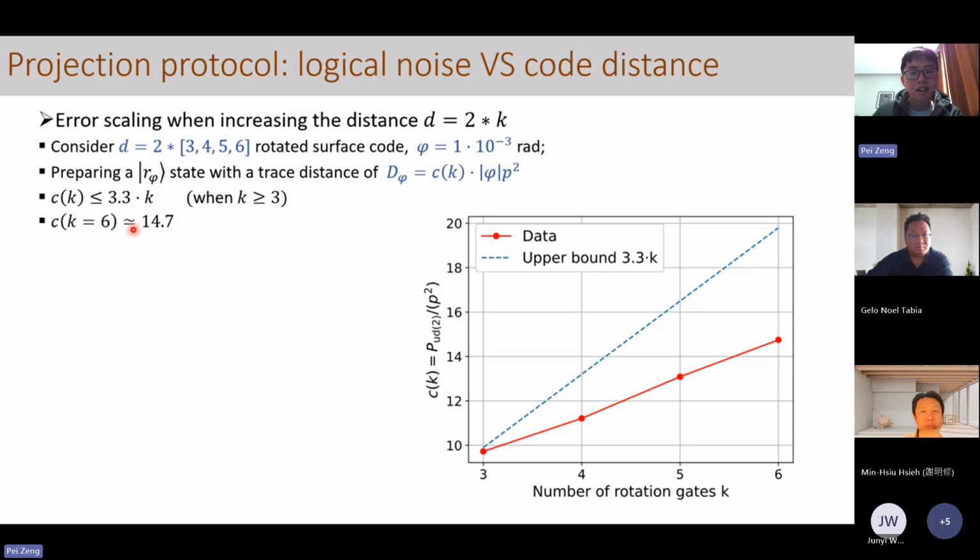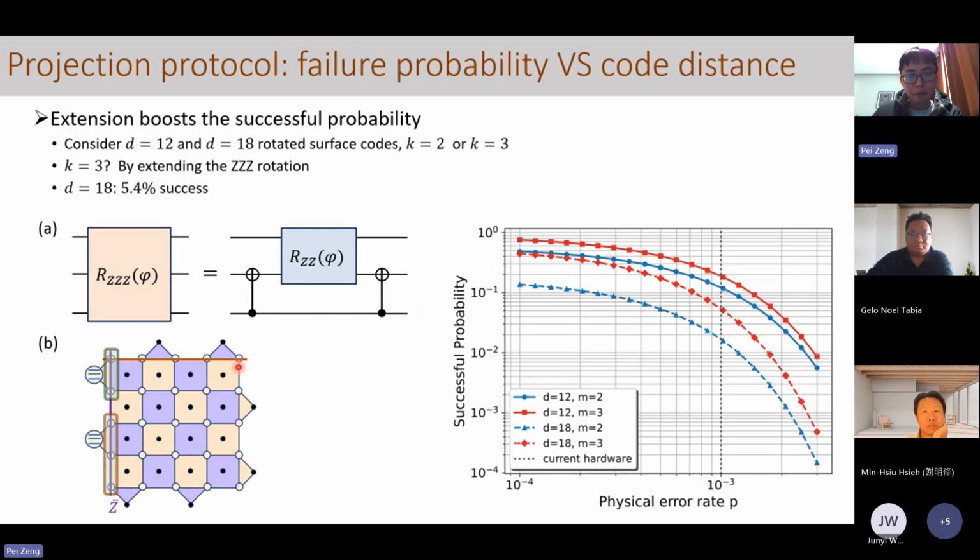So 14 times phi p squared is still a very small error when you prepare this rotation state. We also show how to boost the success probability of preparing this rotation state. We have shown that for a d equals 18 surface code, you can prepare the rotation state with 5% success probability. So this is quite high.